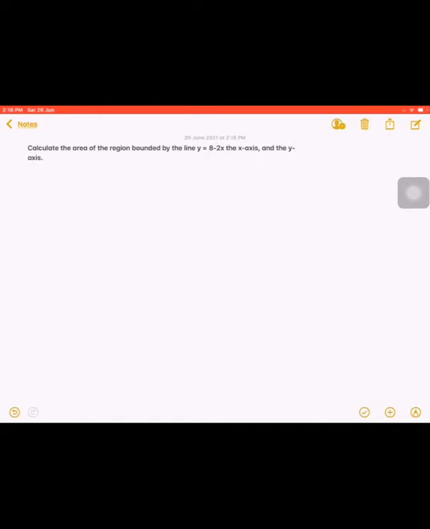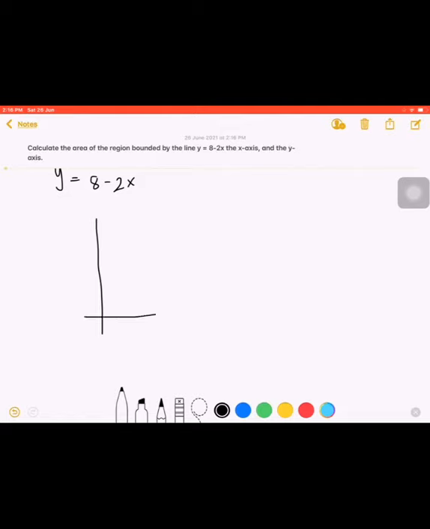y is equal to 8 minus 2x. Let's get the x and y intercepts since we're dealing with a linear equation.